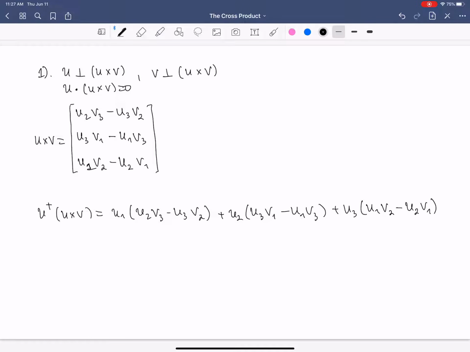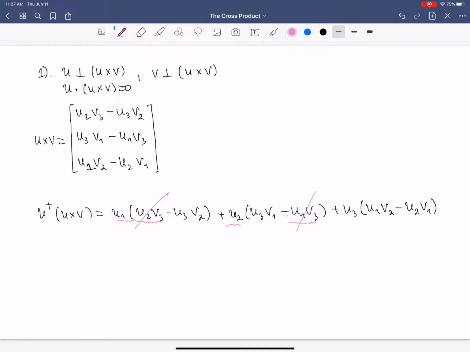Now all you have to do is open parentheses and see that things cancel out. So I'll use different colors here. We have u1, u2, v3, and now I need it with a negative. So u1, u2, v3. Where is v3? Here's v3, u1 and u2, and I have a minus sign.